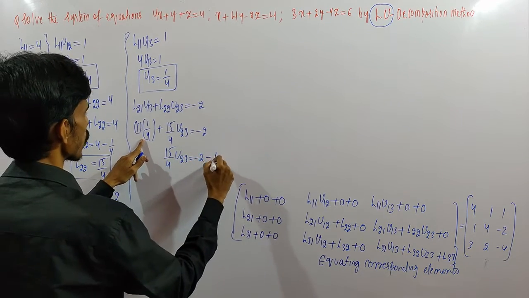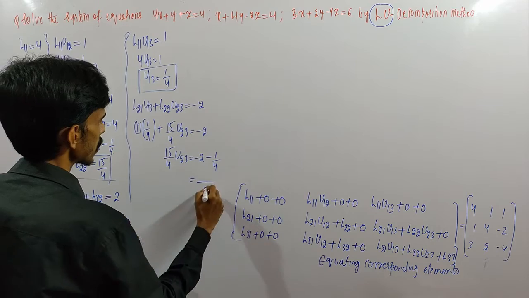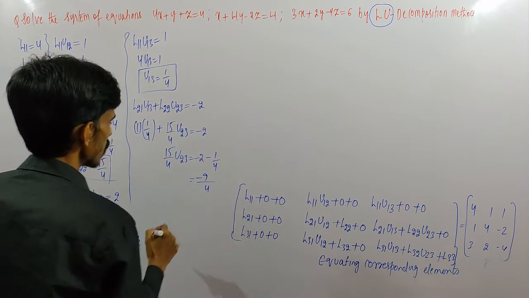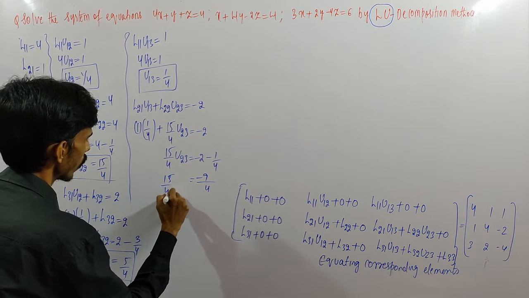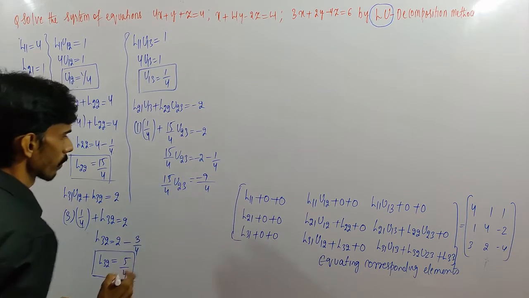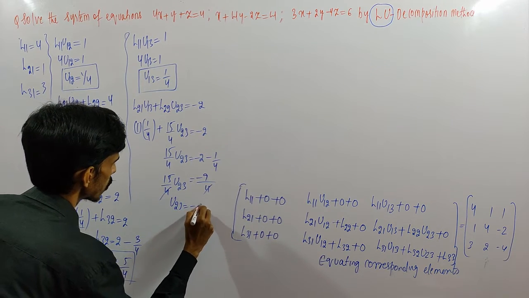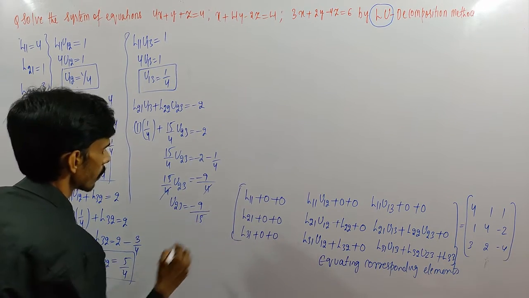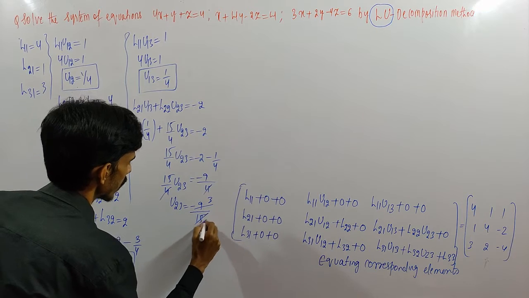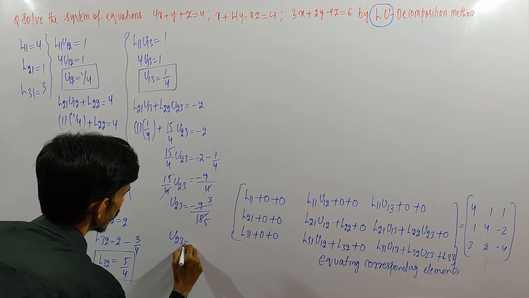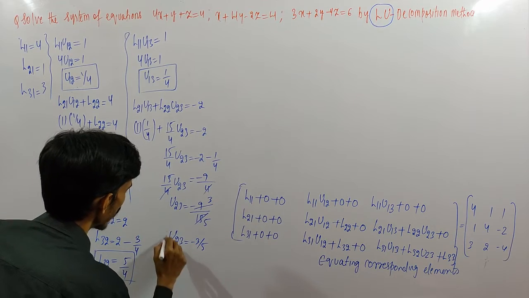This will become minus 1 by 4. Take LCM, 4 2s are 8, 8 plus 1 we have 9. So we have 15 by 4 U23. These two will get cancelled. We have U23 is equals to minus 9 divided by 15. 3 3s are 9, 3 5s are 15. So we have U23 is equals to minus 3 divided by 5.